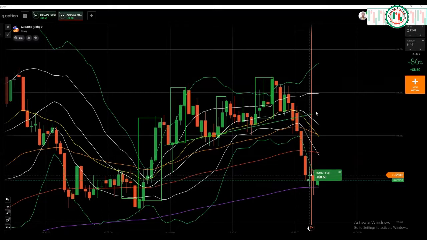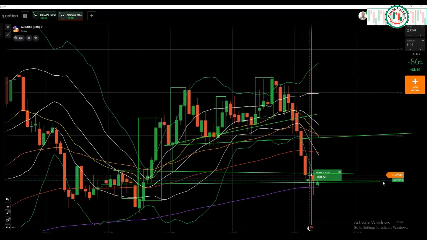You see the market has broken this, so it's supposed to reverse. It didn't reverse. It broke this as well, didn't reverse, then came to this level, then I'm close to this zone. That's why I'm expecting the market to reverse. I place my trade call option.